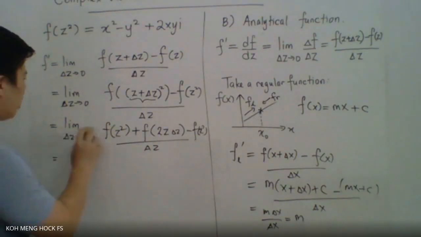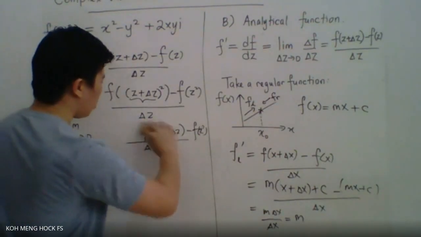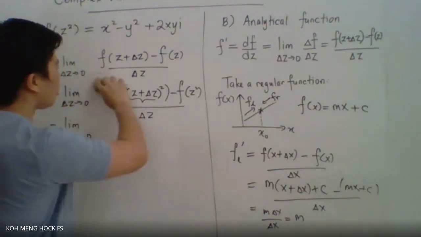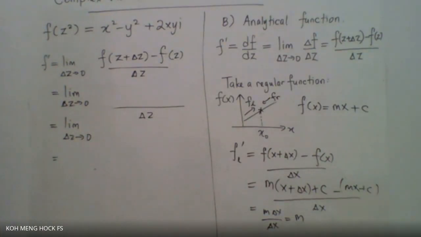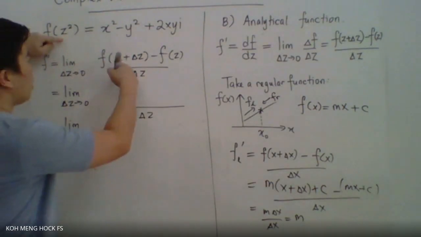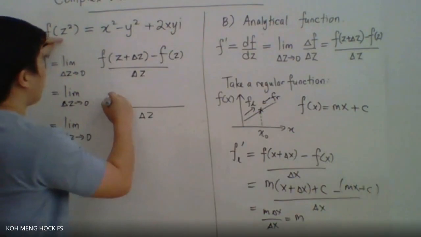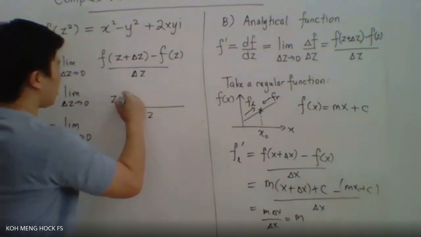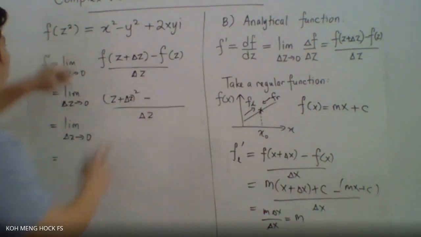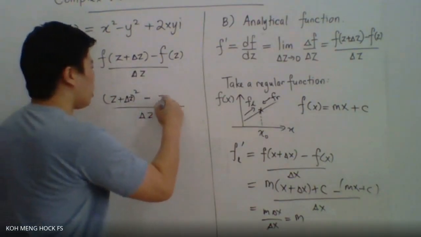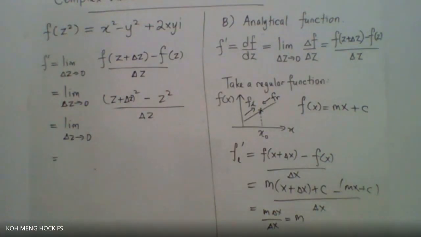Let me just rub this one. It's not so complicated. So wait, because I have already put, I'm going to put this one inside, right? So z plus delta z. So here I would have z plus delta z squared, and this is going to be f(z), this is going to be z squared, right? And then you have delta z. Yeah, so this is the one that I want.